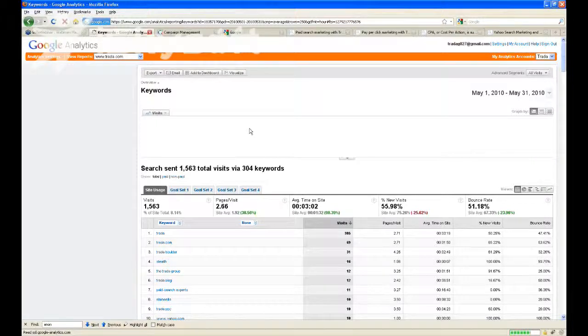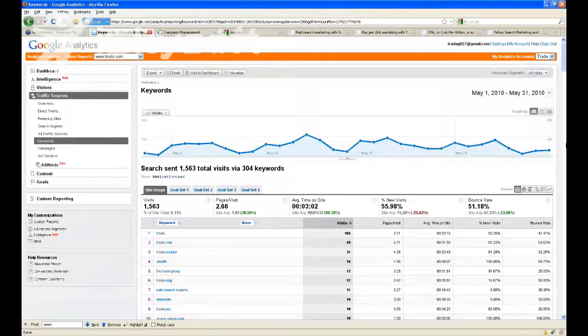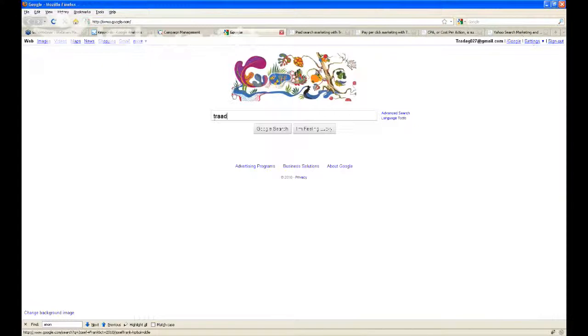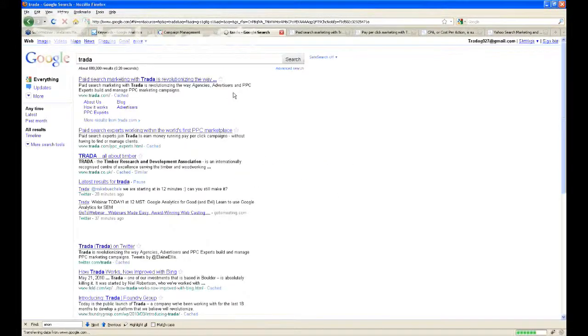And a keyword here is going to be what someone typed into a search engine and then clicked on an organic link. So just to differentiate, for example, if I typed Trada into Google, there are no ads that are running next to it on the search. So this is an organic link here.